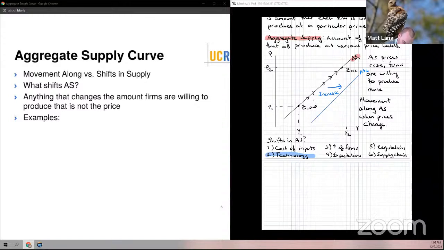If we have something like a supply chain disruption like we're seeing quite often these days, well, we're going to see AS1 go to AS3. We're going to see this reduction in our aggregate supply. So this would be our decrease in supply. Okay.